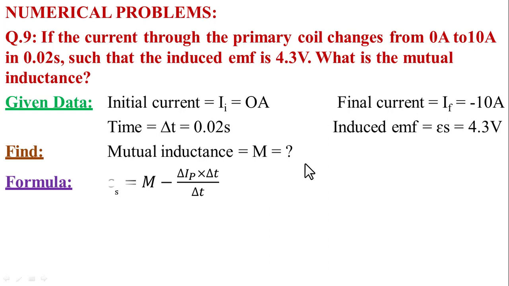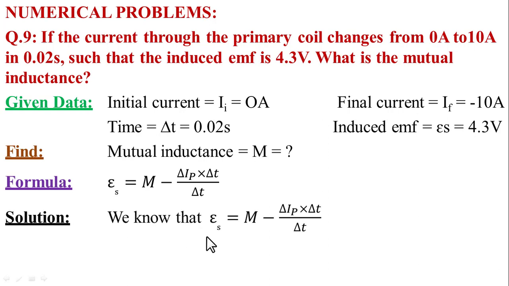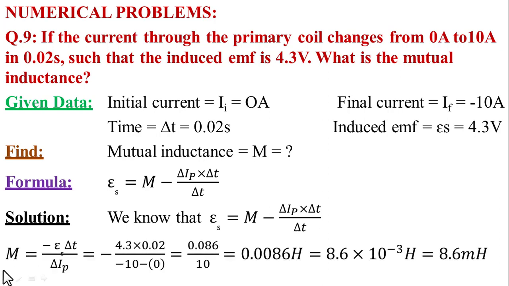Now we can find the mutual induction M. Using the formula, induced EMF is equal to minus mutual induction M multiplied by delta Ip divided by delta t. So mutual induction M is equal to minus induced EMF multiplied by delta t divided by delta Ip.